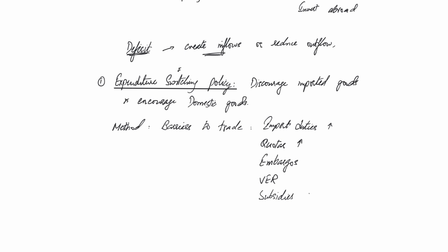Subsidies से क्या होता है? The prices fall. And when the prices fall, you can export more, and you can import less. So overall, when imports go down, your balance of payment में जो current account है, it will start to improve. That's our hope. That's purely the idea over here.